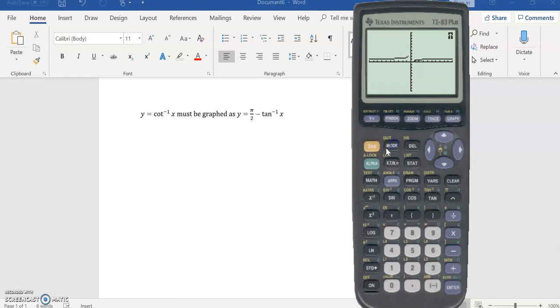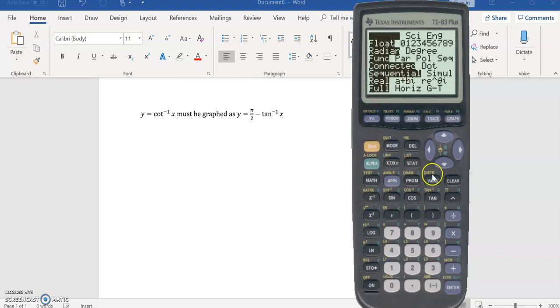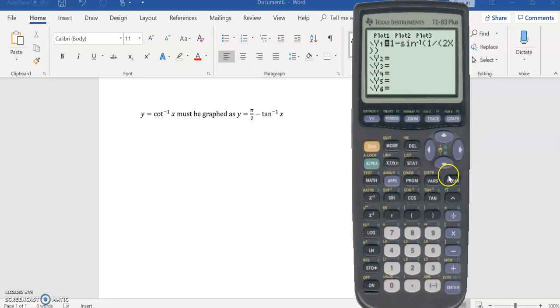I'm just going to show you this: if I put in the arc tangent of 1 over x, I'm going to get this graph. This is not what you're going to see in your book, and the reason is because of where the asymptotes are and how arc cotangent is defined.